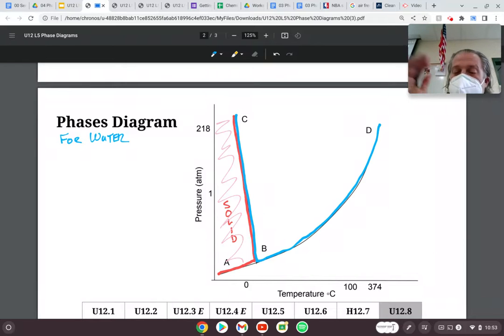Okay. This next part right here is going to be a liquid.